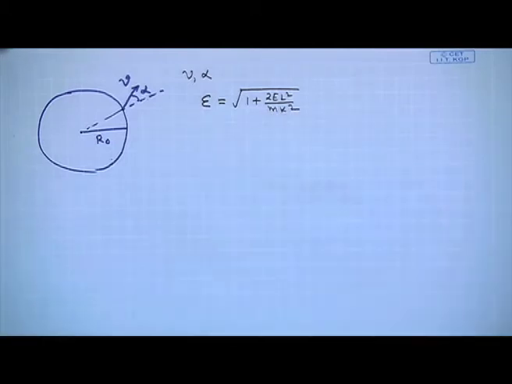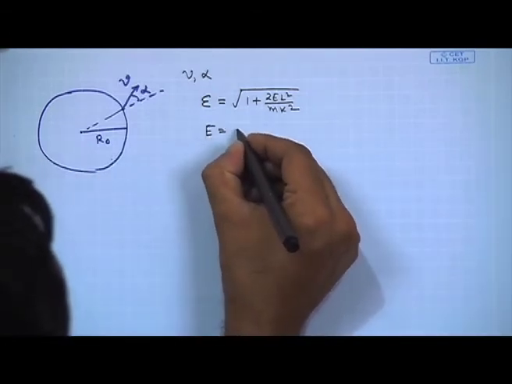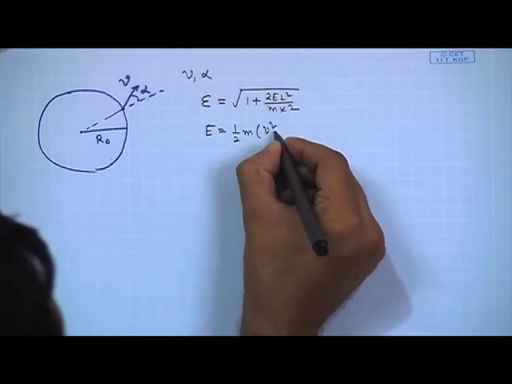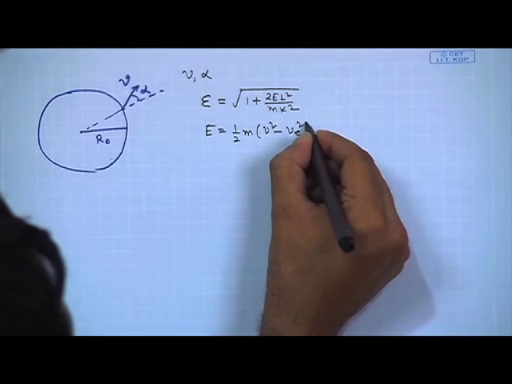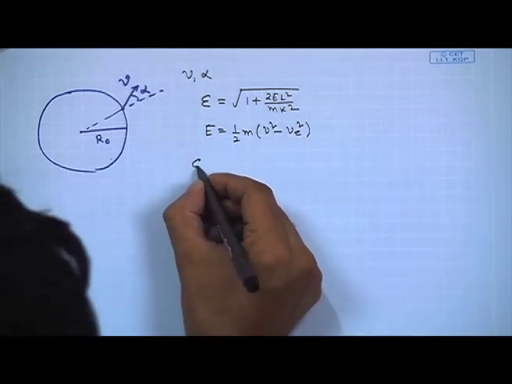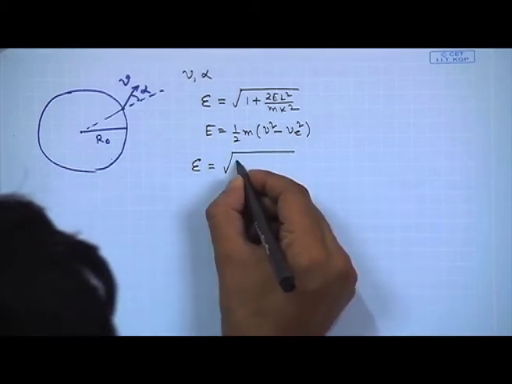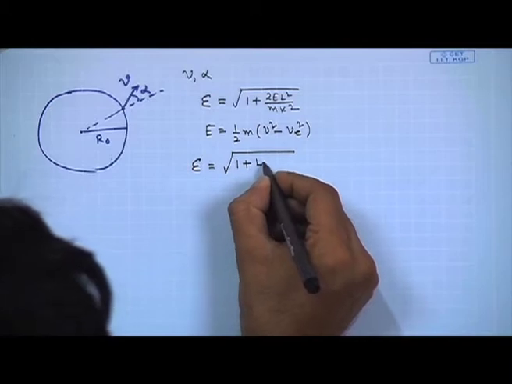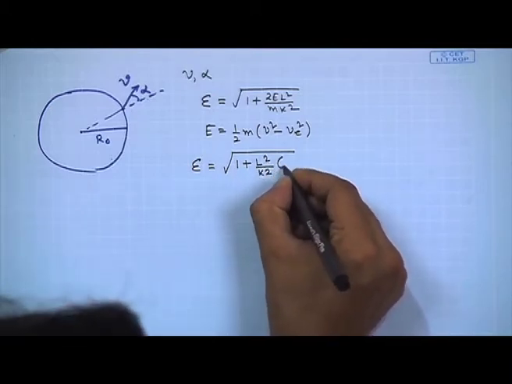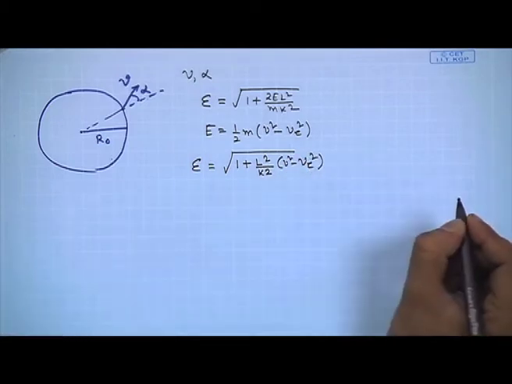Now, E, as we have discussed just now, can be replaced by half m v square minus v e square, right. So, eccentricity can effectively be written as root over 1 plus L square by k square times v square minus v e square, right.